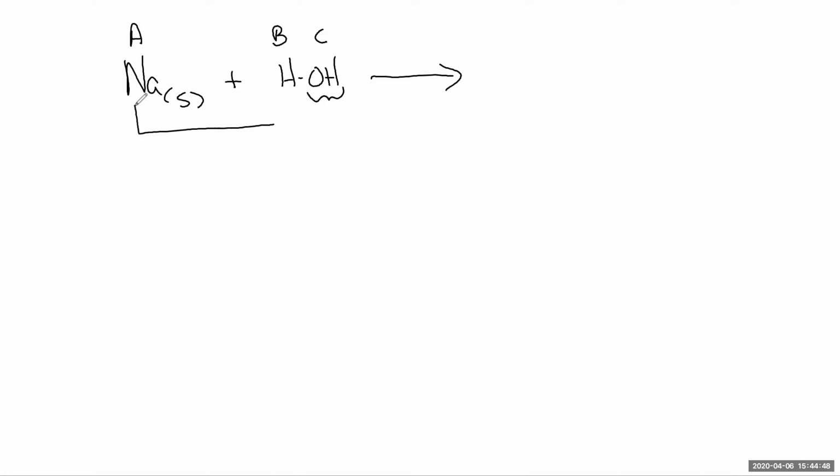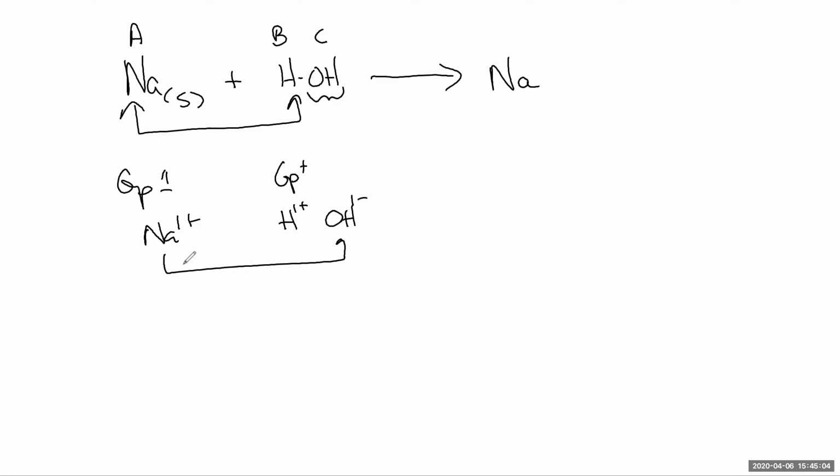I'm going to switch places between sodium and hydrogen. And so I'm going to end up with Na, which remember is in group 1, so it's going to be +1. And I'm going to end up over here with hydrogen, which is also in group 1, so it is 1+. So OH is going to be 1-. So these two are going to come together and form sodium hydroxide.